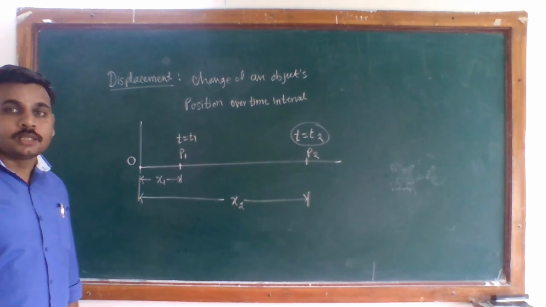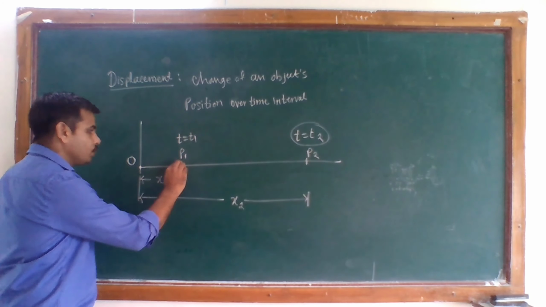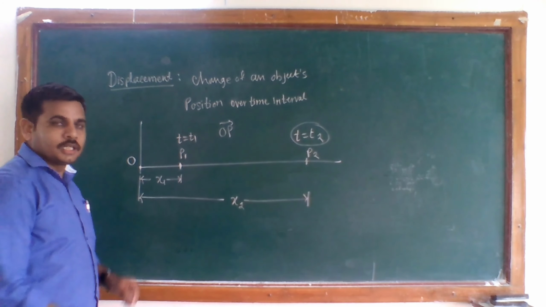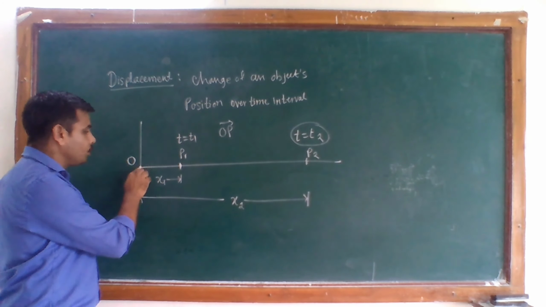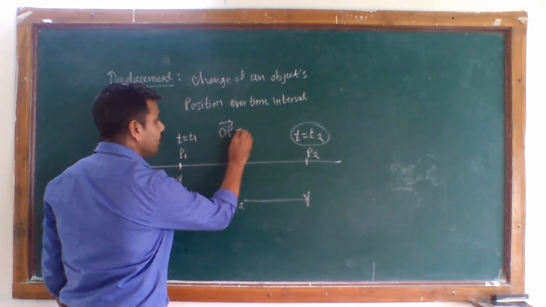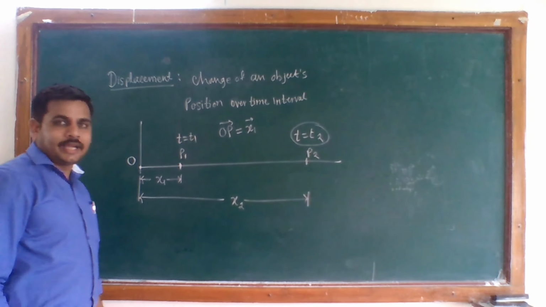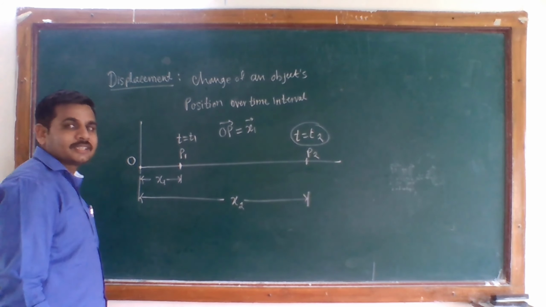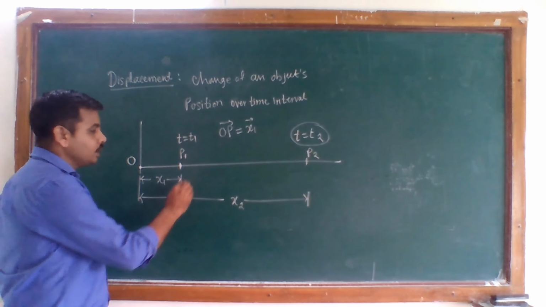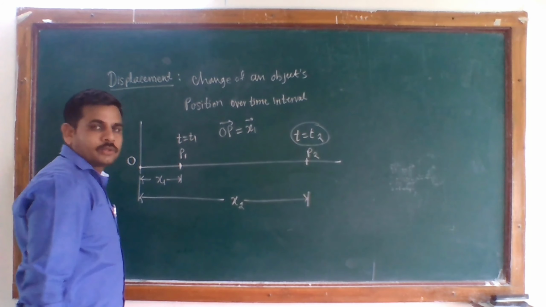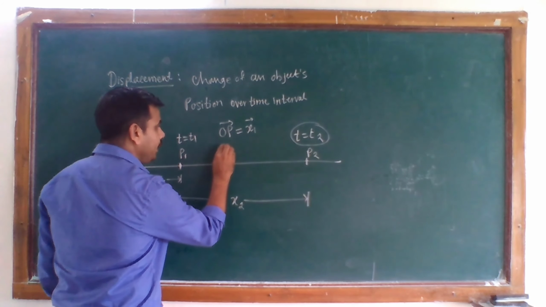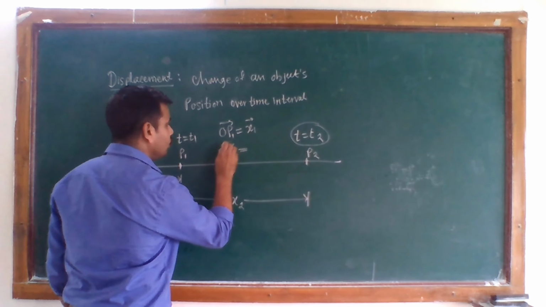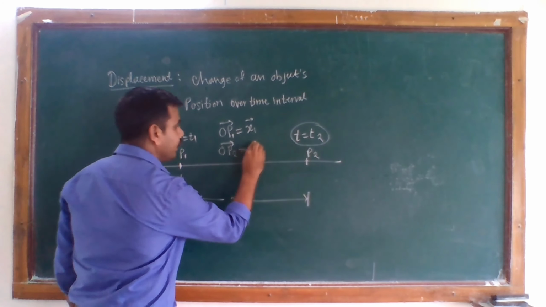So the position vector for the first case, OP1, is nothing but x1, and in the second case, the car moving in the same direction to P2, the position vector OP2 is nothing but x2.